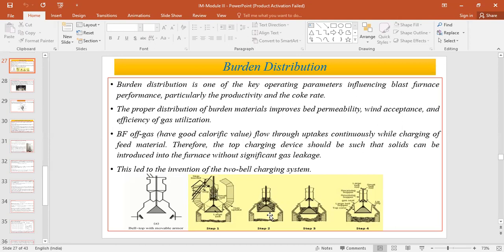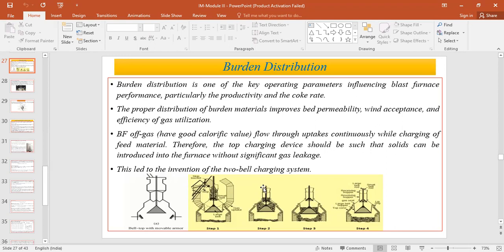This opening and closing of the bells will happen as follows. When the small bell hopper is filling, in that case the small bell will be in the closed condition and the big bell will be in the open condition.